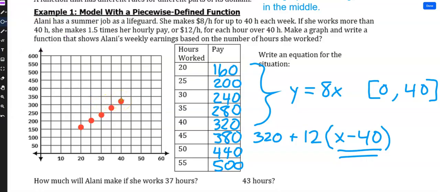But then after that, 45 goes to 380. And then 440. And then 500. In other words, it changed.